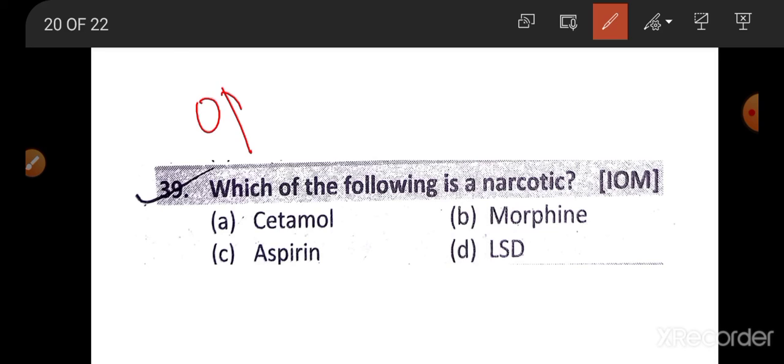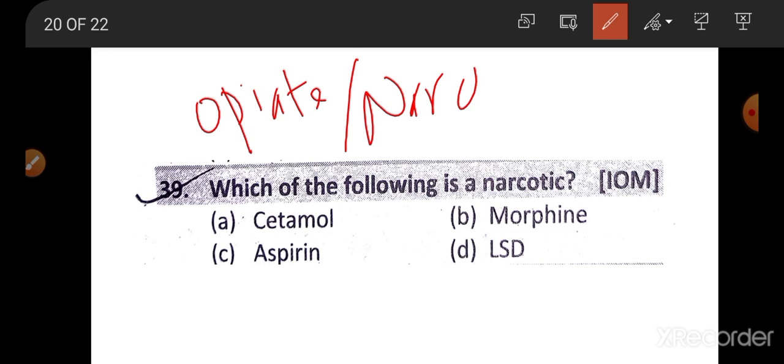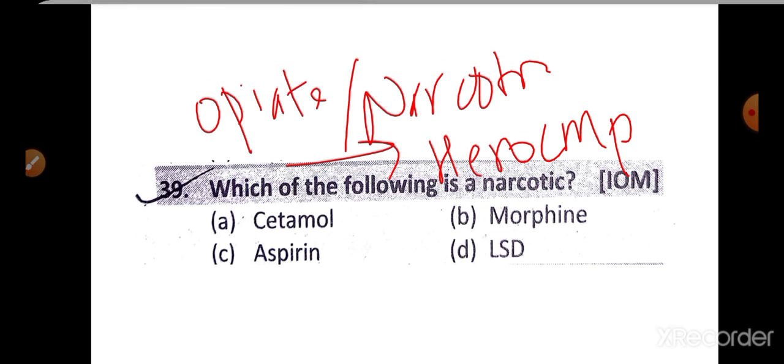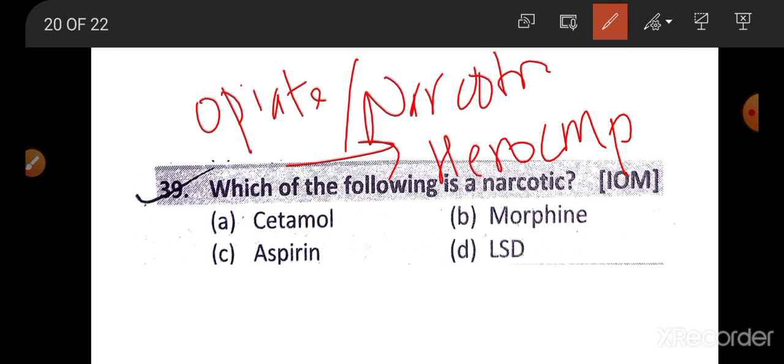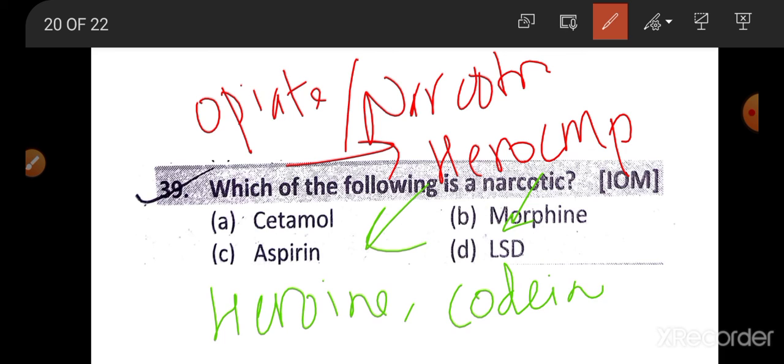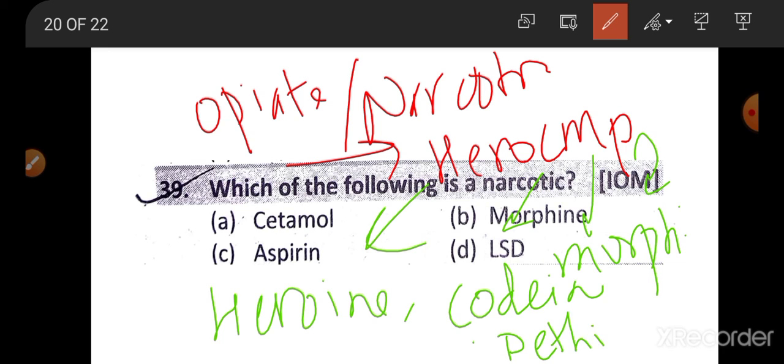To remember opiate narcotics, we can remember HCMP: H, heroin, C, codeine, M, morphine, and P, pethidine. So the answer is morphine.